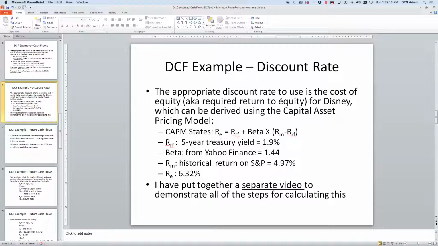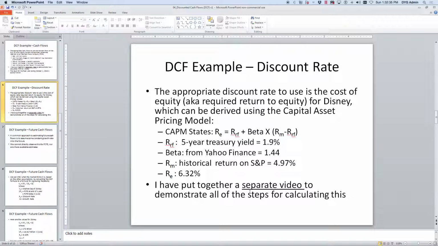And so for Disney, the capital asset pricing model simply says that the required return for equity is equal to the risk-free rate plus the beta of the company times the market premium. And the market premium is just the required return or expected return from the market minus the risk-free rate.